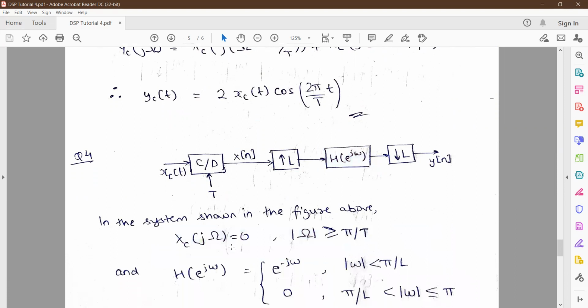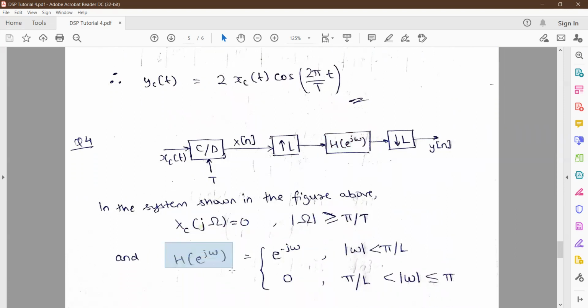Next, we have been given what this H(e^jω) is. This is basically e^(-jω) for ω less than π/L, and otherwise it is 0 from π/L to π, right?